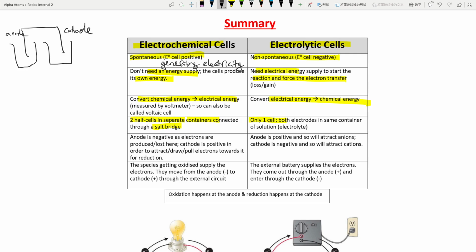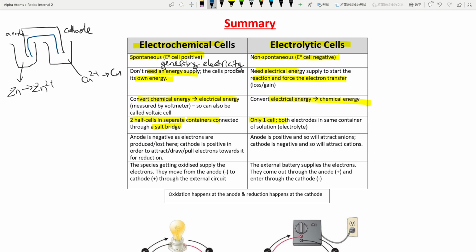In my example, Zn is turning to Zn2+ at the anode, and at the cathode Cu2+ is turning into Cu. I have a salt bridge that connects the two together. So what does a salt bridge do? It has two purposes: one is to connect the circuit, and the other is to balance the charge.